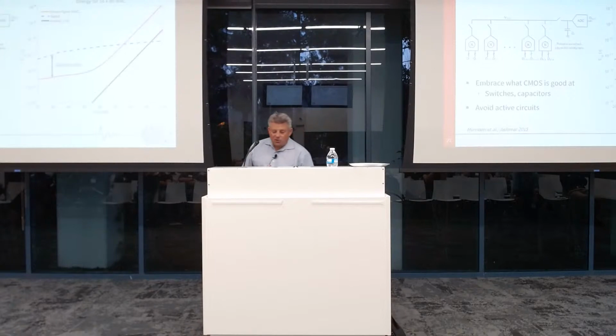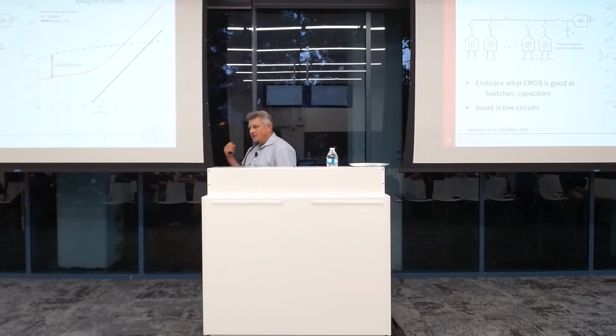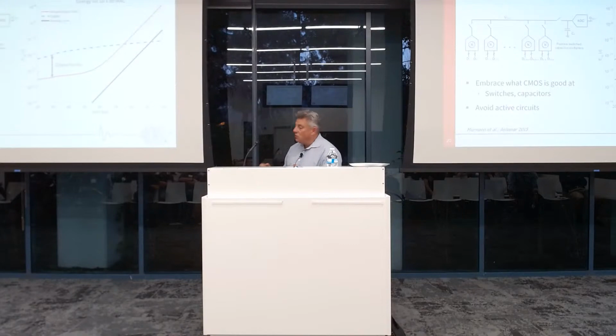What this paper shows, and you can read a little bit about this, is that there is a 10x opportunity that I see when you want to do multiply-add operations with analog circuits, specifically with switched capacitors, which is actually a very good thing for CMOS. This is what CMOS technology is good at, switches and capacitors. We've known this for decades now. If you compute with switches and capacitors, how good can you get?